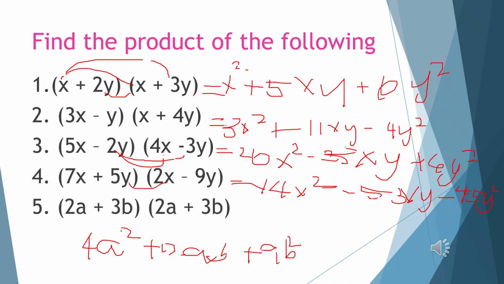Wow, that's it. So that's mentally, but you can do it. You can solve it using the FOIL method, or if you are already a master of multiplying binomials, you can do what I do. That's already an advanced thinking.